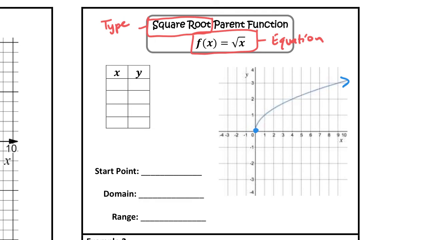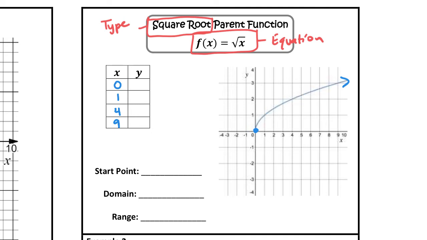And so we're going to pick the following x values: 0, 1, 4, and 9. Okay? We're going to pick these x values 0, 1, 4, and 9. And then I'm going to explain why we're picking these, right?